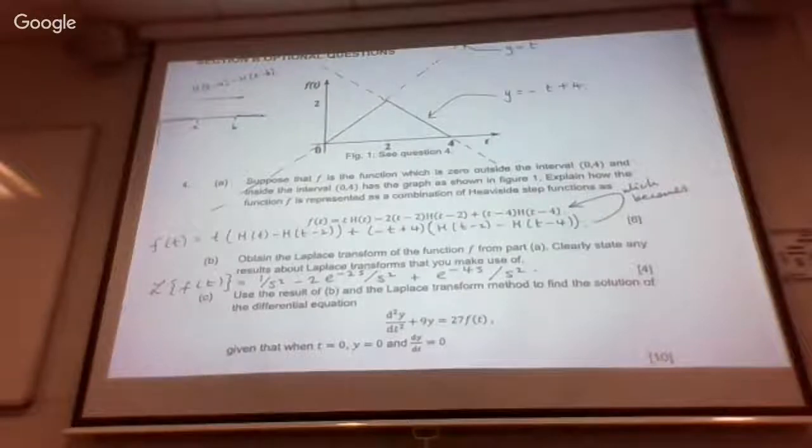Okay, transform the equation. That's the first step: transform the ODE, the differential equation. Transform the whole equation using the transform derivative step, just like we did in the last one.